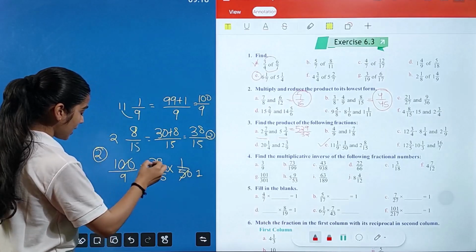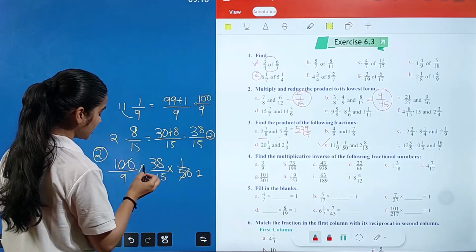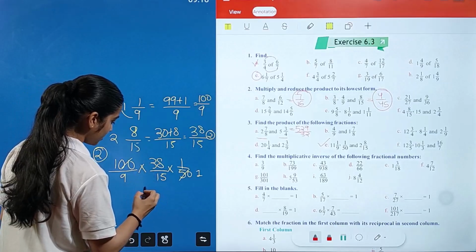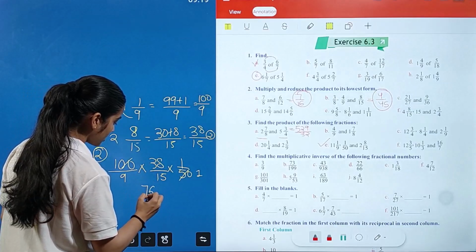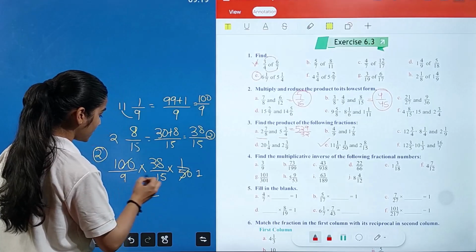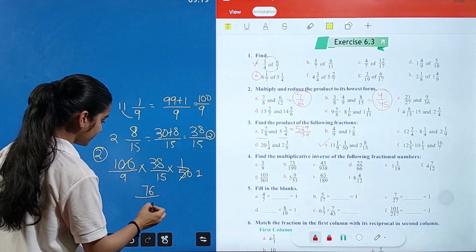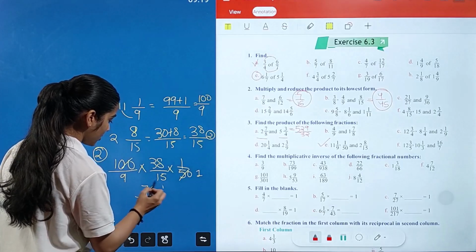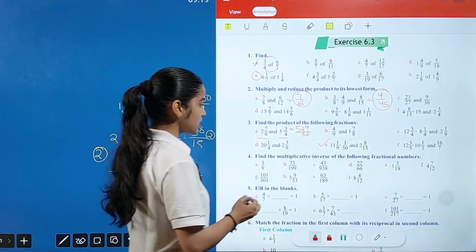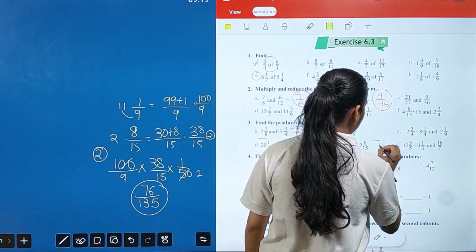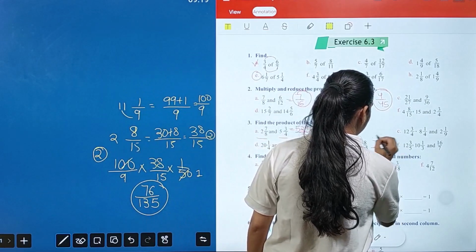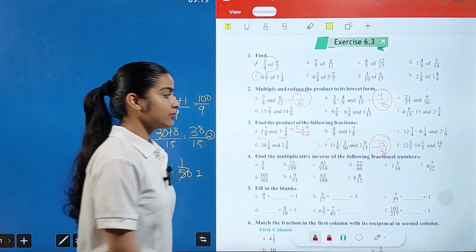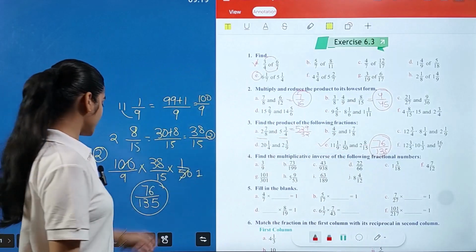So 2 multiply by 38, 76 upon 9. 15 9s are 45, 15 9s are 135. So your answer will be 76 upon 135. So in the same way you have to do rest of the questions you have in question number 3.